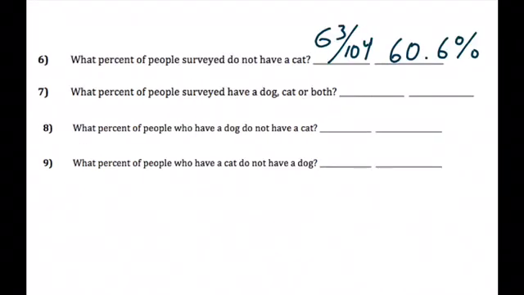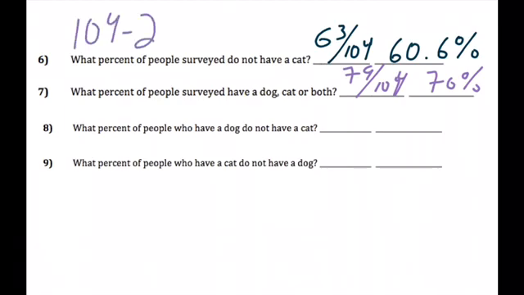So 79 people out of 104, which is then 76%. I could have also gone the other way and said, well, I know there's 104 people minus the 25 that have neither. That would give me 79 that have one or both.